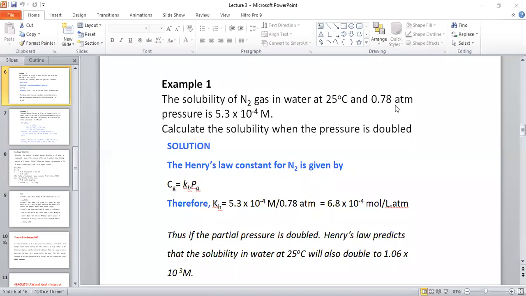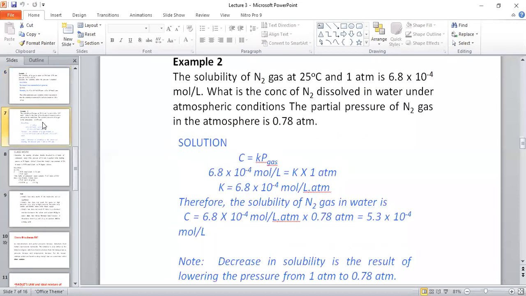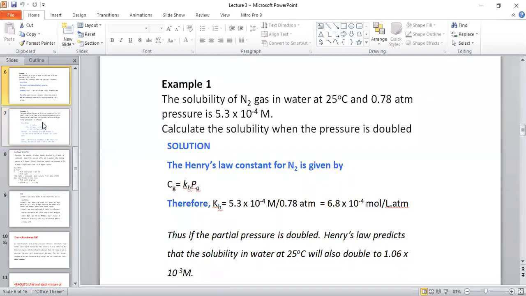Then you put what you have into the equation, and the answer will give you 1.06 times 10 raised to power minus 3. I hope you understand the explanation.